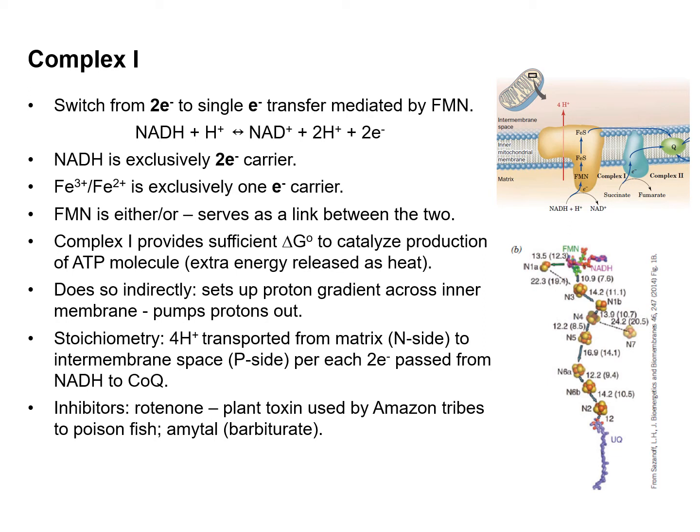But making this ATP molecule by complex 1 happens indirectly, because this complex 1 itself does not have ATP synthase, but it sets up the proton gradient across the inner membrane by pumping protons out of the matrix, and this proton gradient will later be used for synthesizing ATP within this electron transport chain.